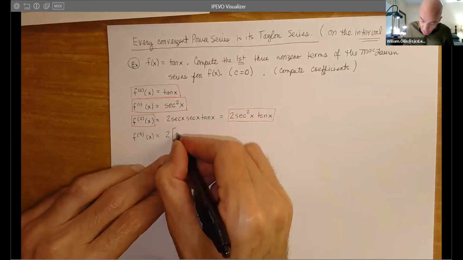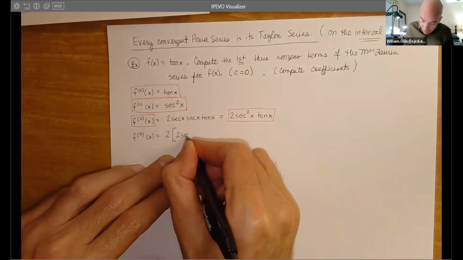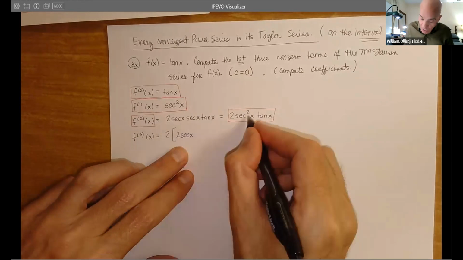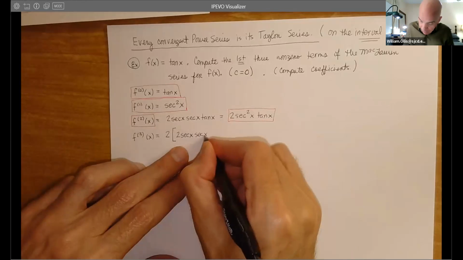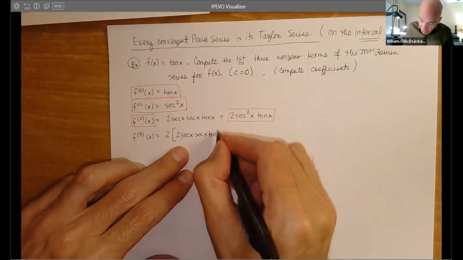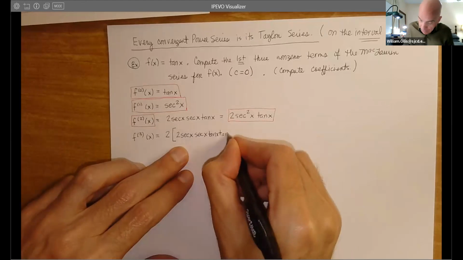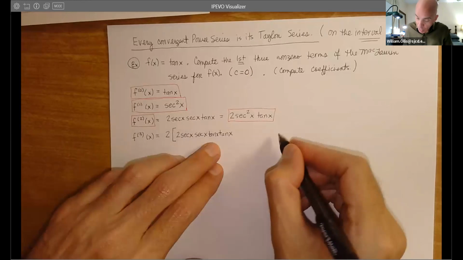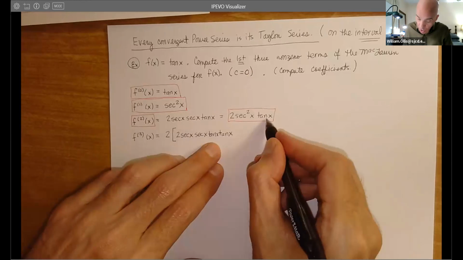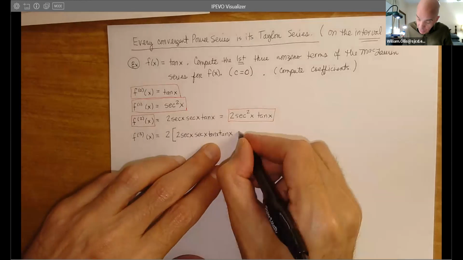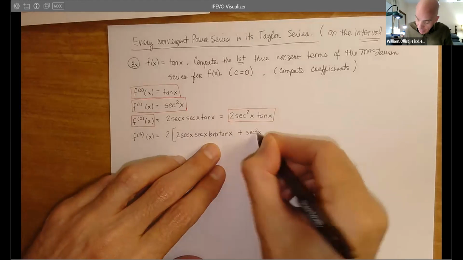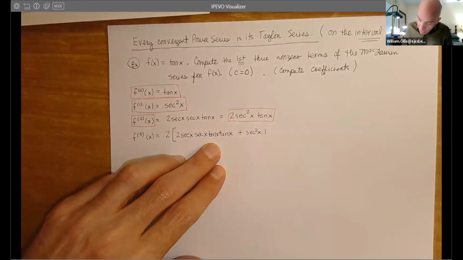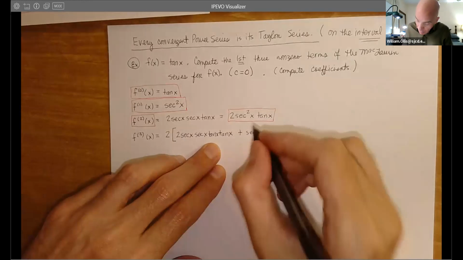That's going to be 2 secant to the first, times the secant tangent derivative, times the tangent that's already there. That's the first part, and now differentiate the tangent. The 2's already factored, so this will be plus secant squared, and the derivative of tangent is another secant squared. So goodbye to the tangent.